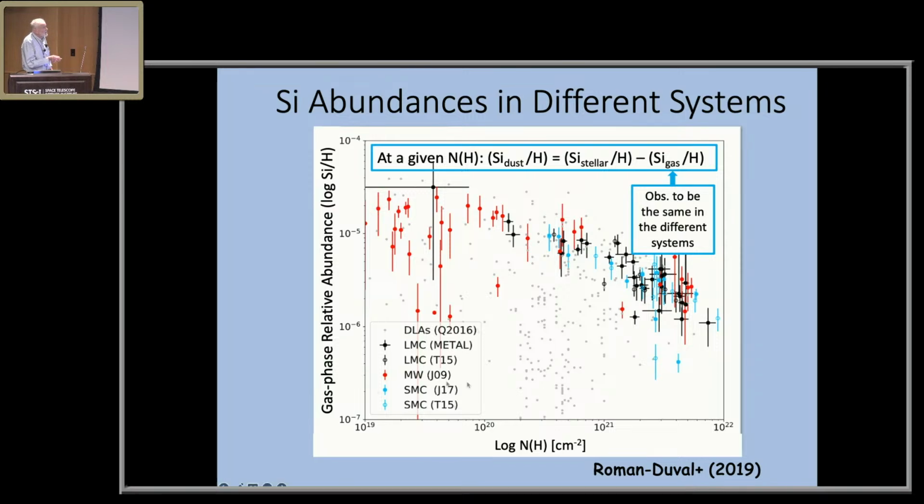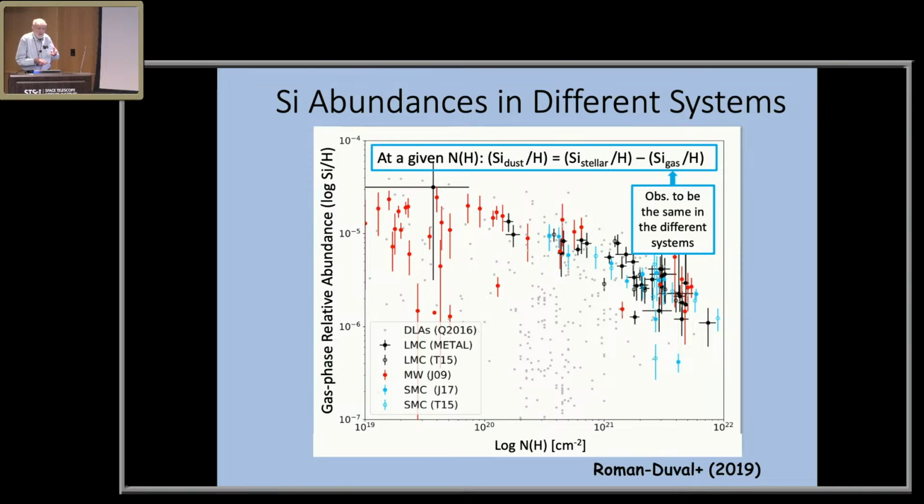Since this quantity here for a given hydrogen column density is the same for the three systems, and yet this goes down, it means that the dust to hydrogen ratio decreases more rapidly than the metallicity goes down.